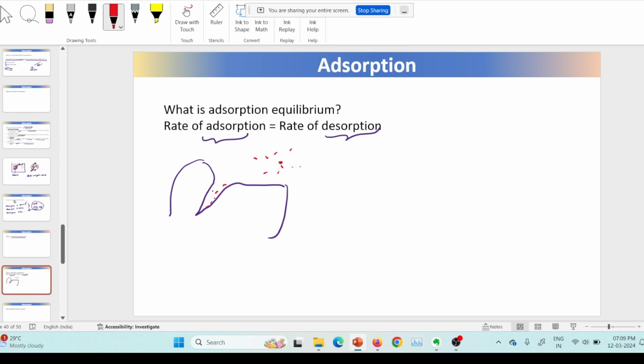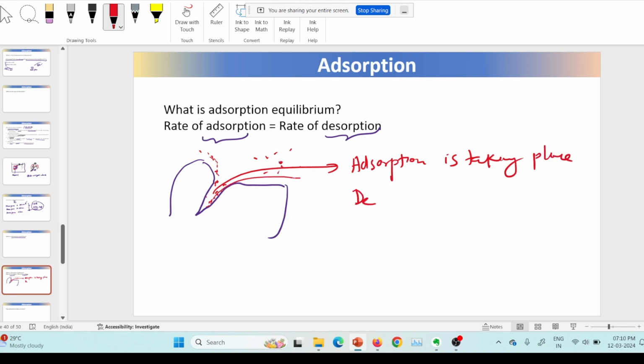Adsorbent is coming, and simultaneously it will start to leave. So on this side adsorption is taking place, and desorption is also taking place. When both rates are equal, then it is called equilibrium.